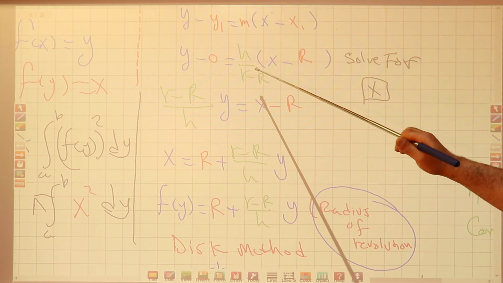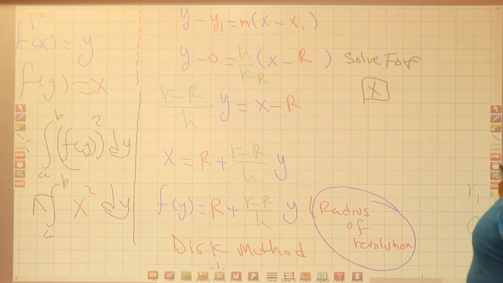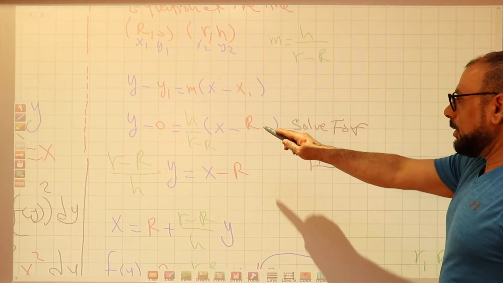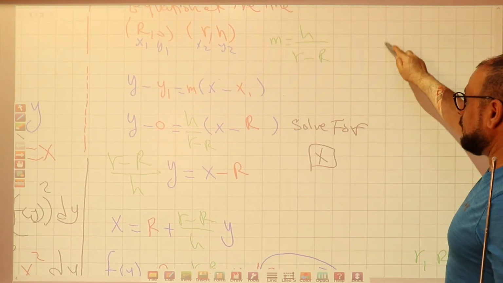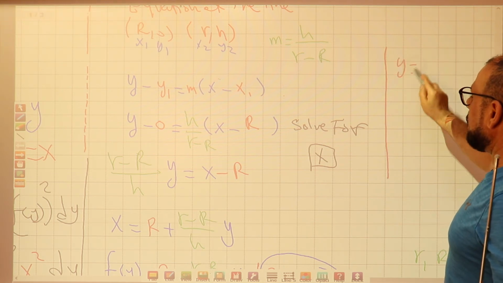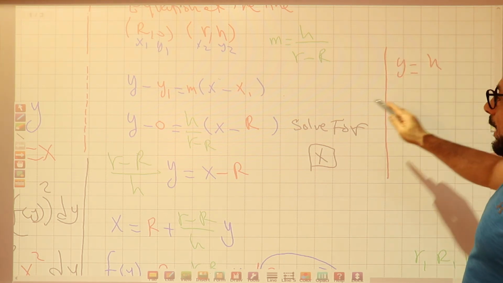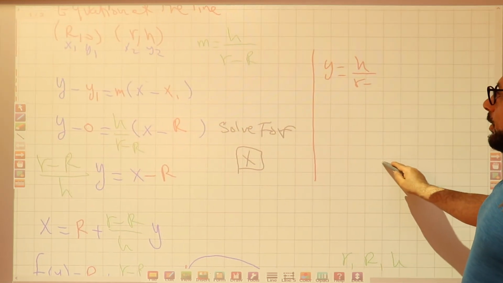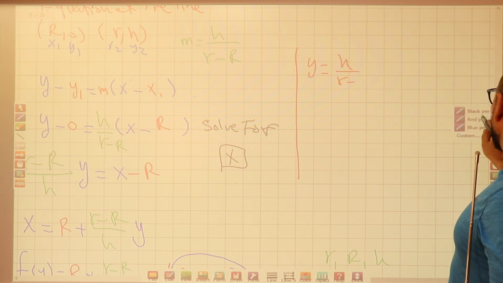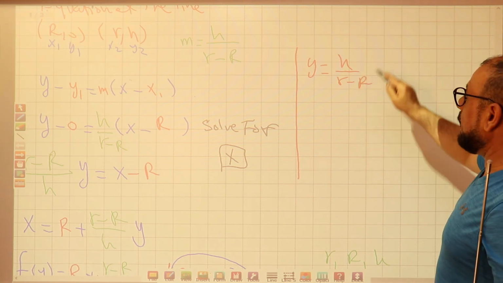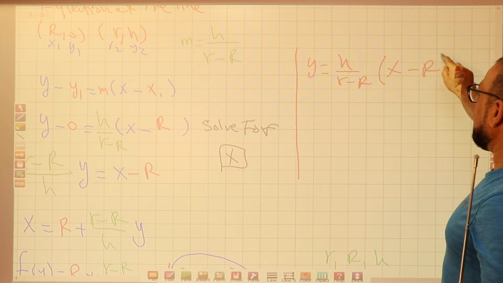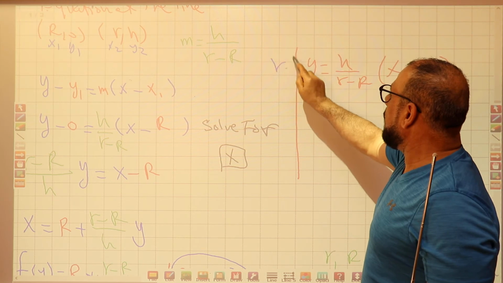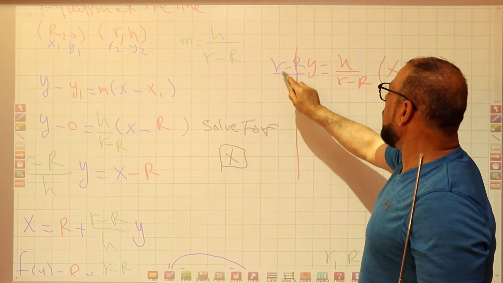I solved it quickly. If you want me to explain it: y equals h over R minus r, times x minus r. To solve it easily, I multiply both sides by R minus r over h.